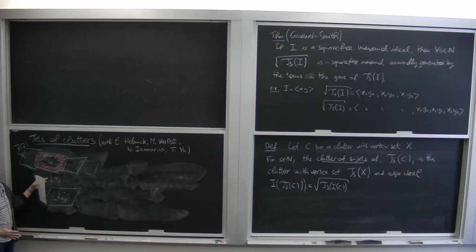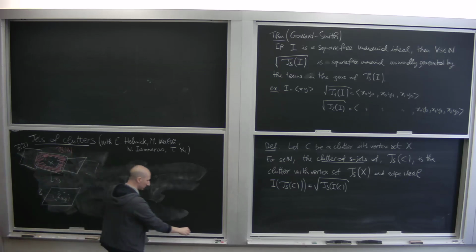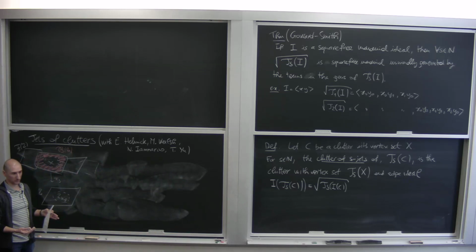It has full dimension, the same dimension as the jet scheme. This is referred to in the literature as a principal component, P_s(Z). The name is a little bit misleading because if you start from something that is not irreducible, this principal component is not irreducible. So this is the picture version of the definition that's given in those papers.